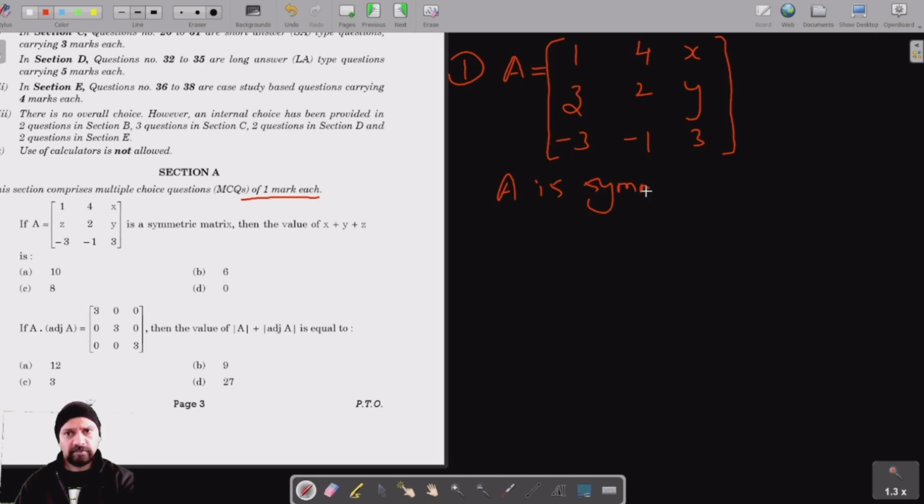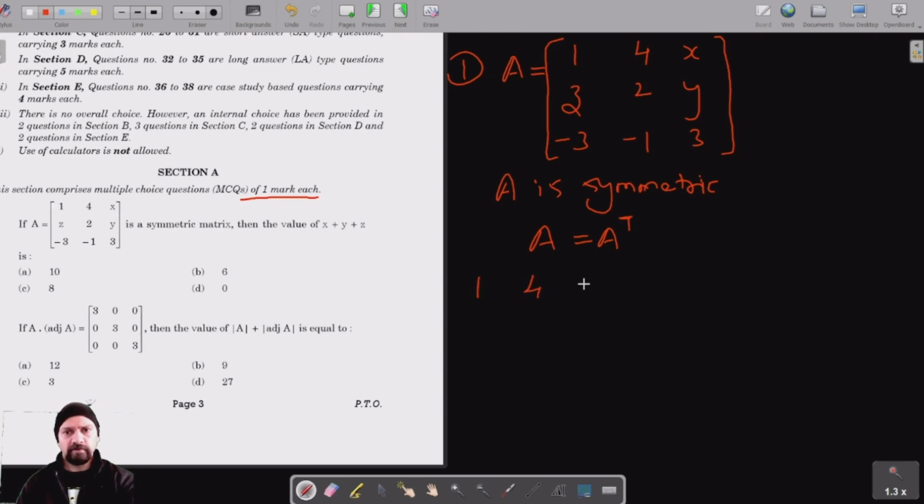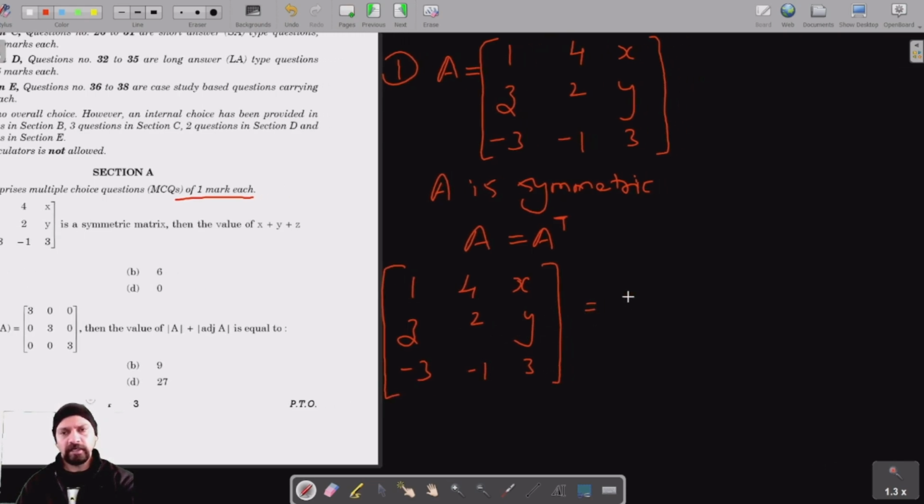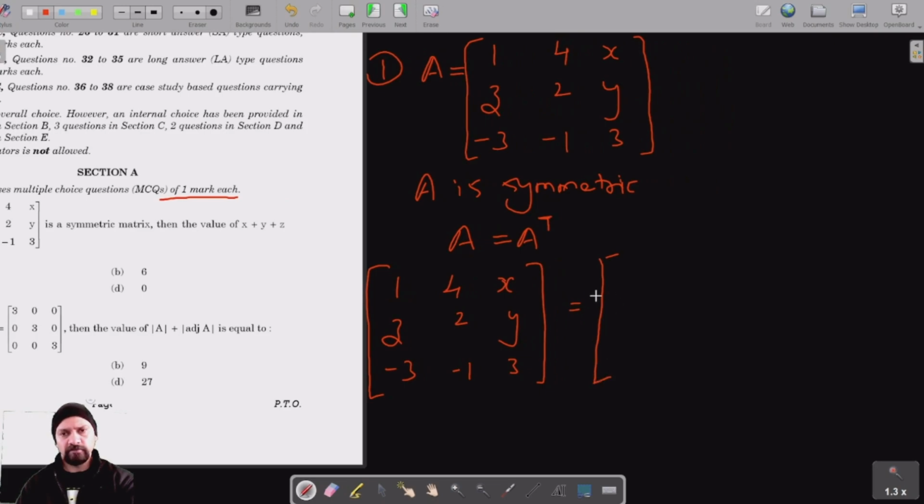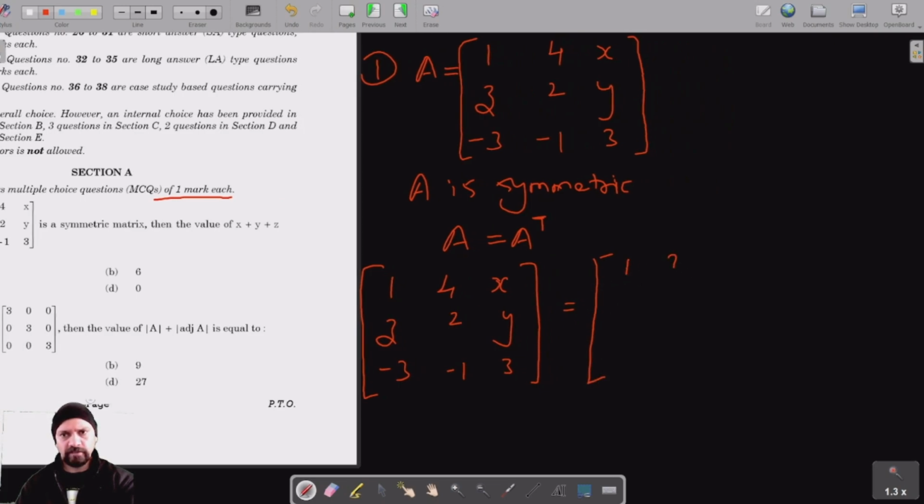Symmetric means that A is equal to the transpose of A. The second row is Z, 2, Y. For the transpose of A, we change the rows into columns. So this is 1, Z, minus 3, 4, 2, minus 1, and X, Y, 3.